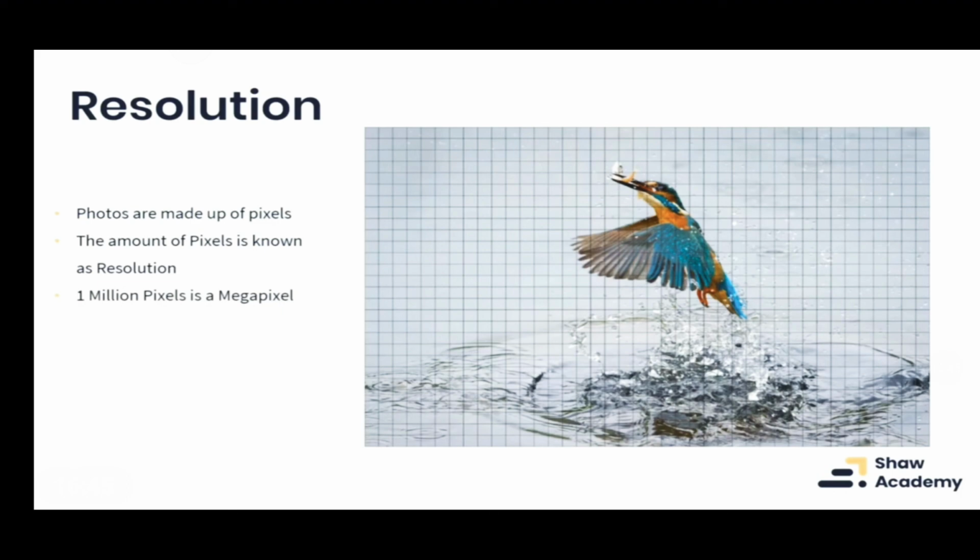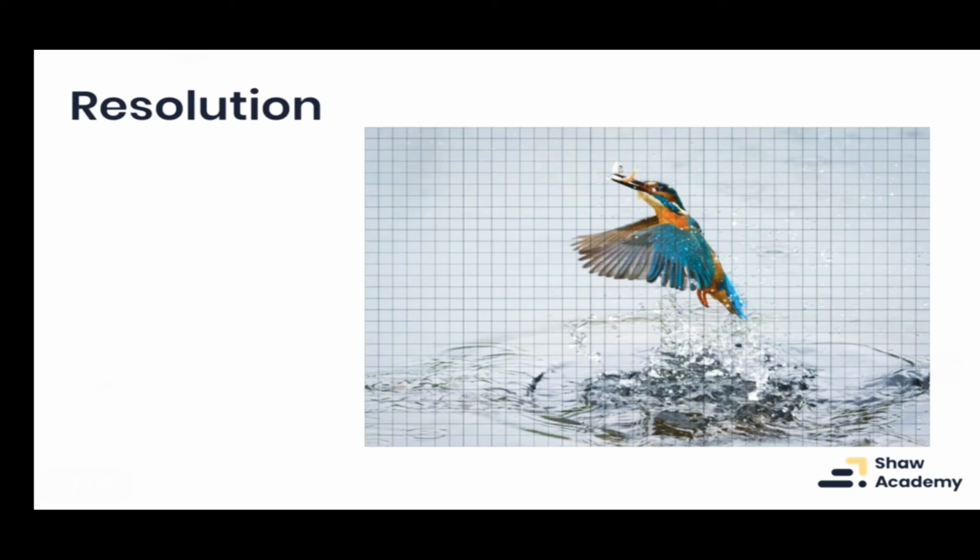One million pixels is a megapixel. So you might have seen this on your phones. I've got 21 MP. That means you've got 21 million pixels. More pixels means greater zoom capability, meaning you can crop in very closely on a photograph. It does not mean a better looking photo.